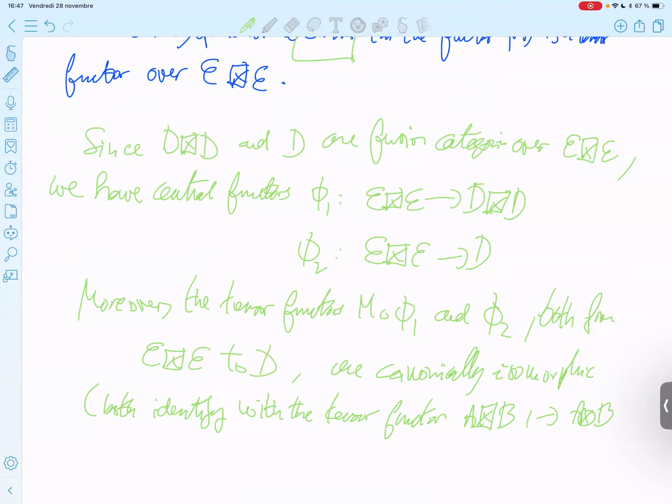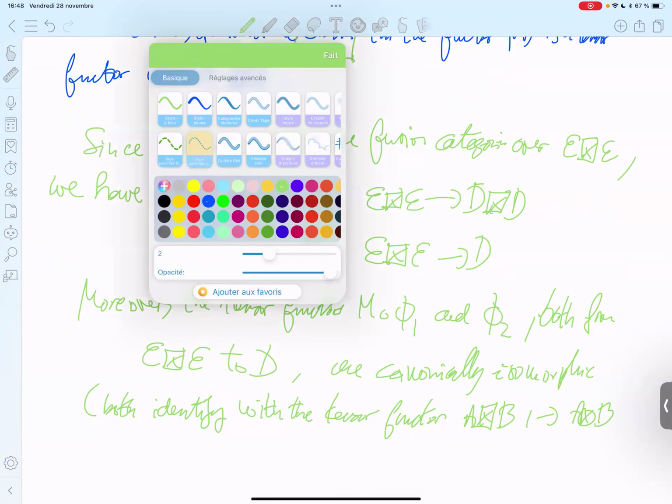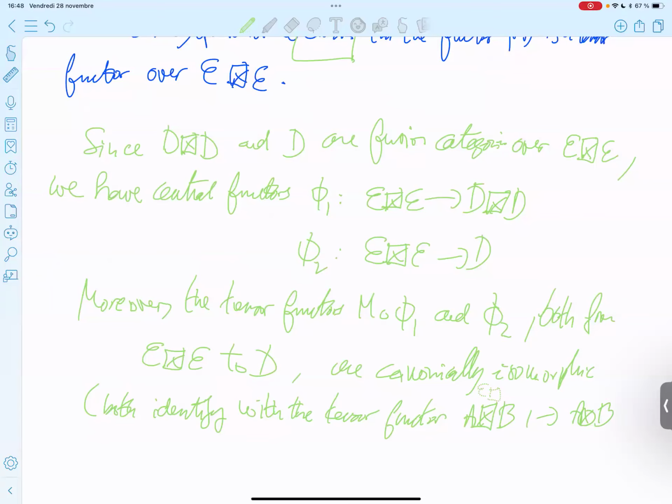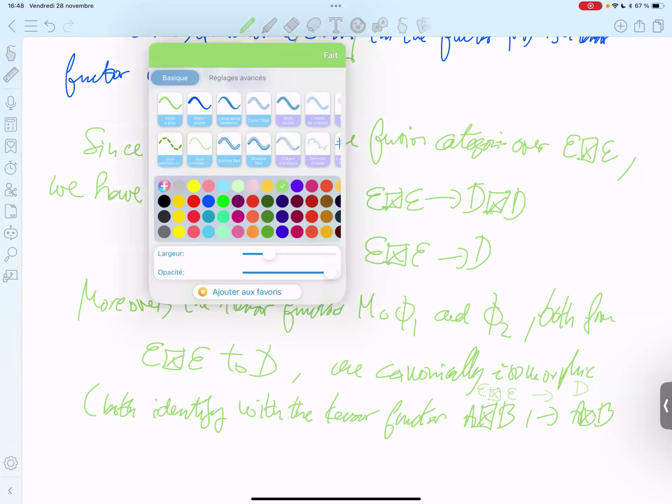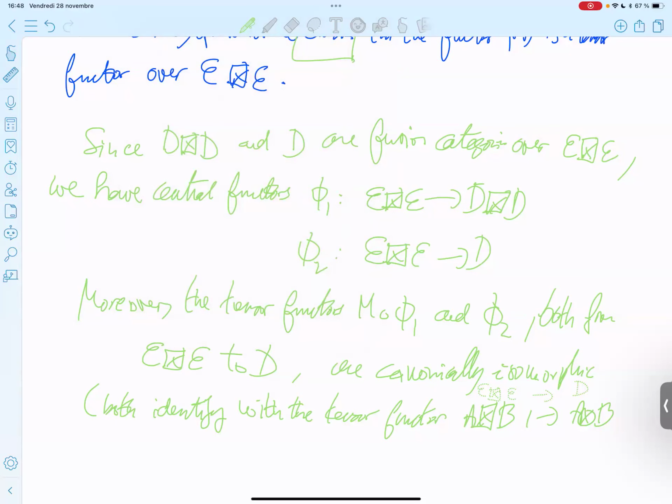So you apply M here, you come back to D. So this is E to D. Because the two identify with the same, they are isomorphic. I don't write all the details.